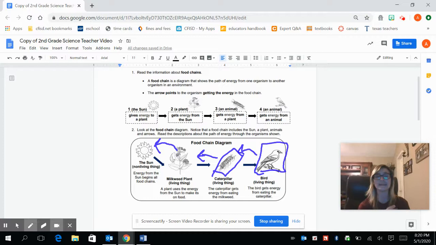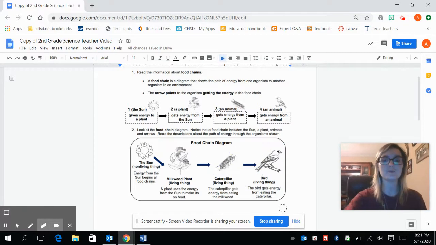That's how it's going to be able to fly around and find worms to feed to its little babies that are in the nest waiting for it and dependent on it. So that is how the bird is able to have all that energy, just like you need that energy to get through the school day. That bird needs that energy so it can fly and do all the things it does during the day.